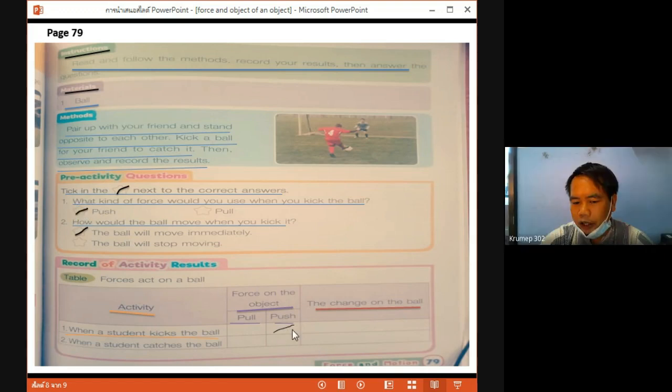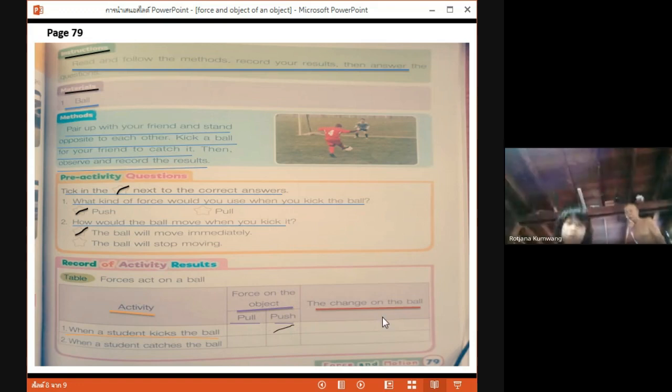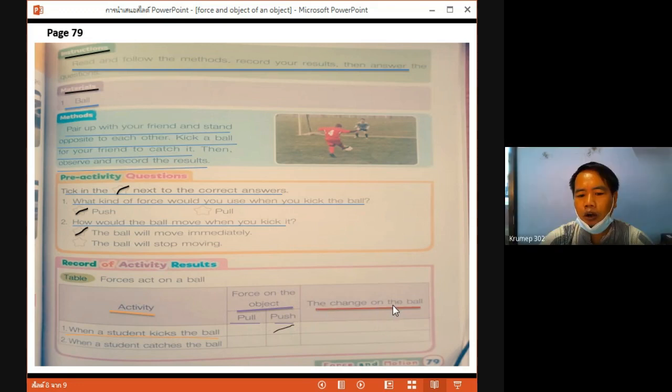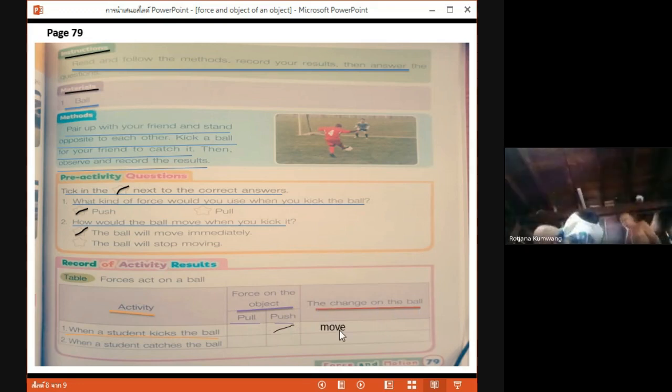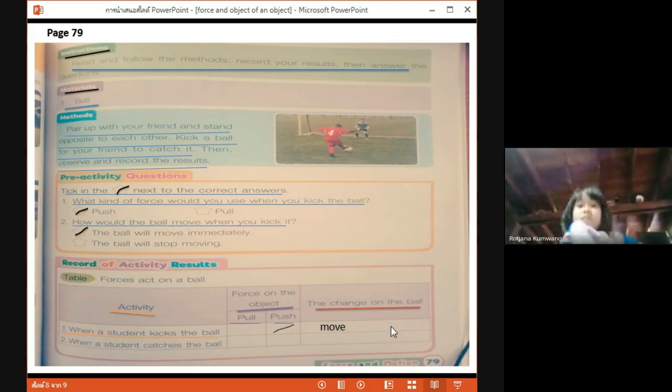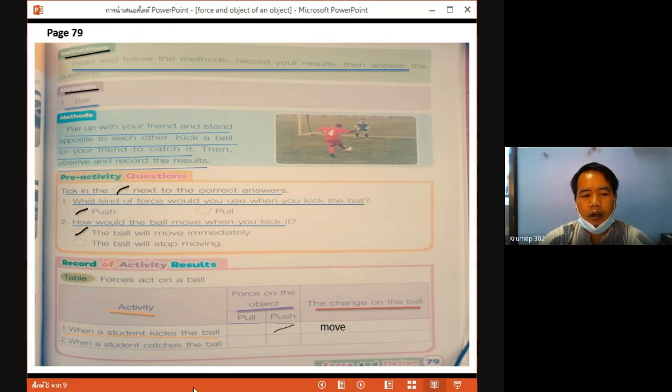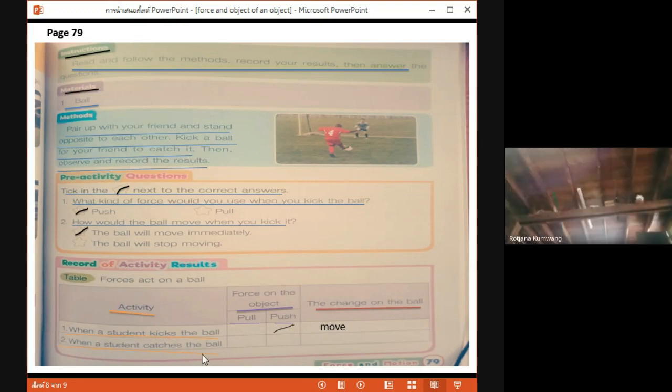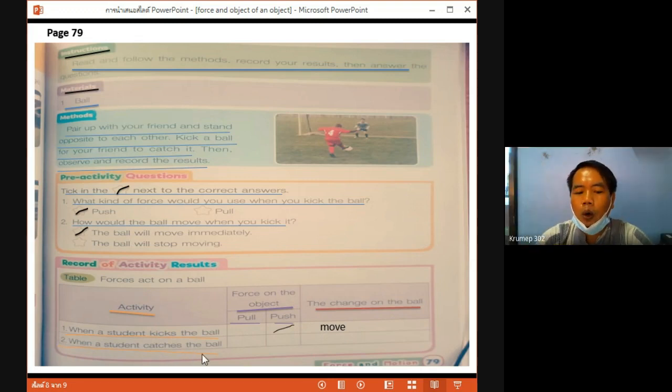So you are going to record it. And the change on the ball, it moved from one place to another place. Okay, number two, when a student catches the ball, or if your friend catches the ball, what is the force on the object?